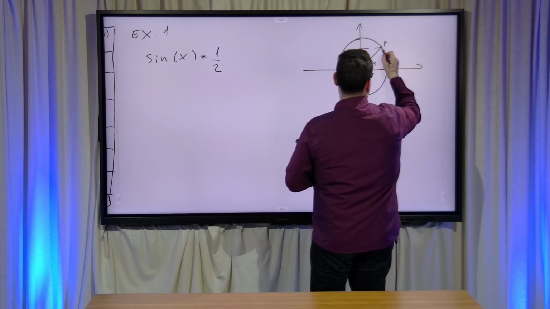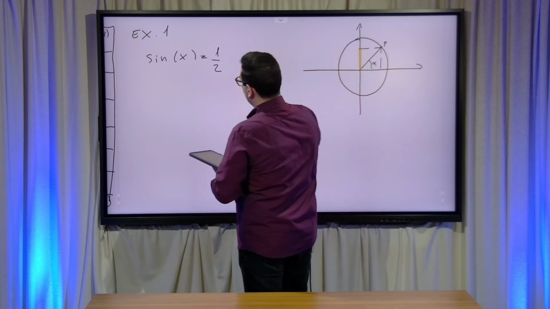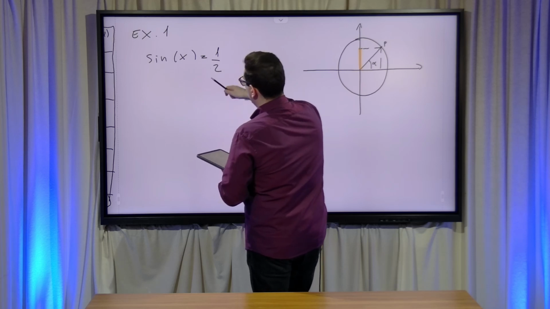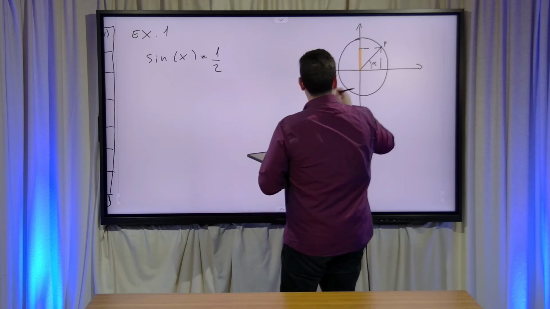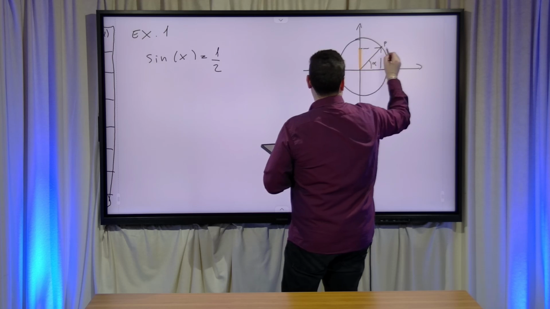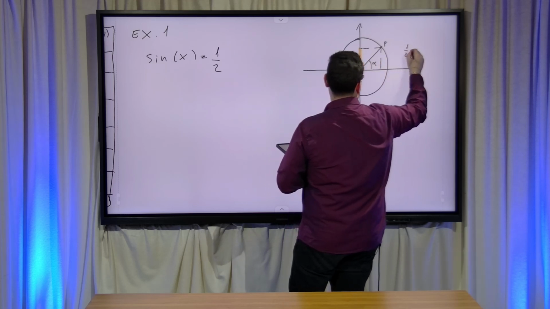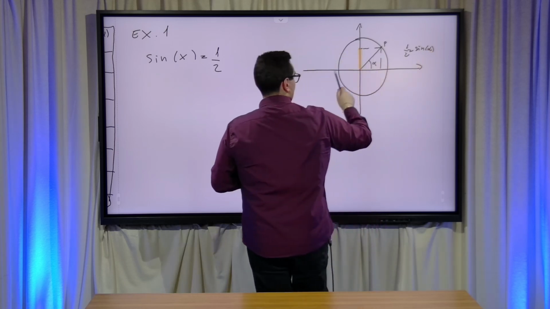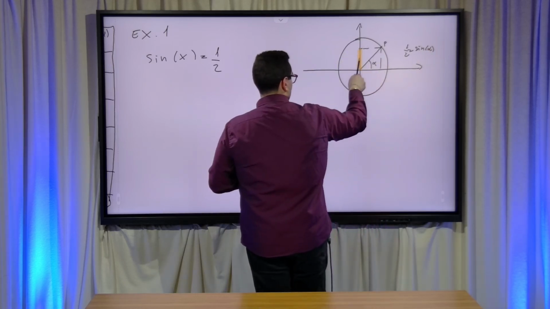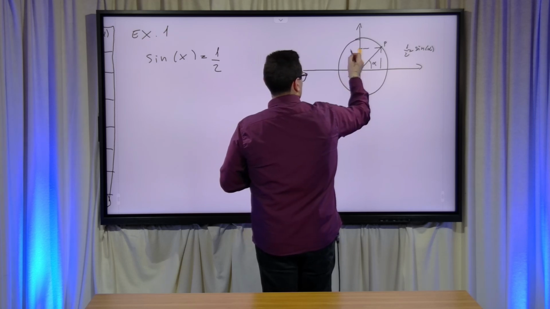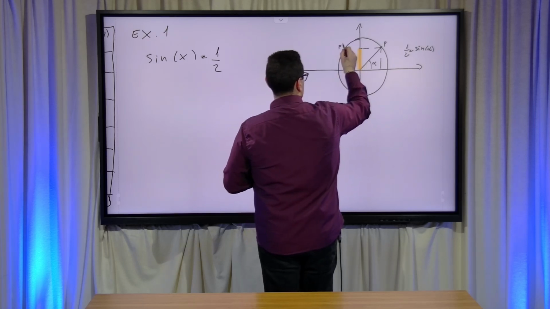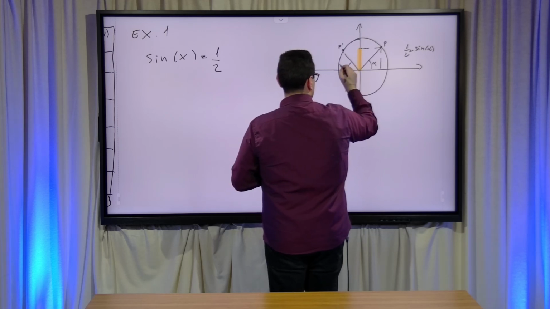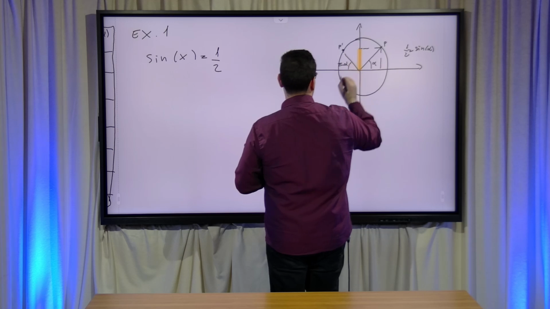So I'm saying that I want to find the angle which gives us 1/2 as sine. But as you can see, this segment is given also by this point, and this angle is pi minus alpha.